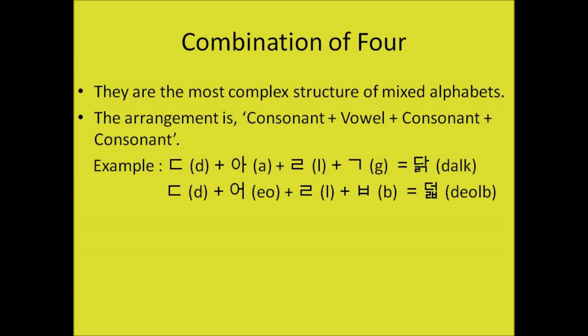닭. If you take a close notice at the 받침, you would notice the first consonant is silent, and the second consonant is pronounced. 디귿, plus 어, plus 리을, plus 비읍, gives 덜.